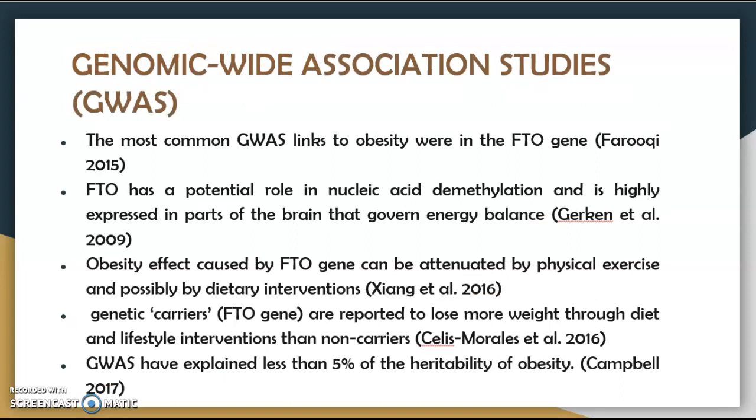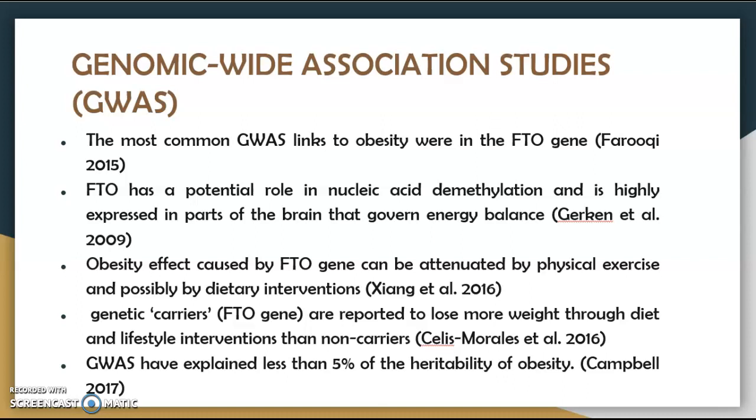The most common GWAS links to obesity were in the FTO gene. FTO has a potential role in nucleic acid demethylation and is highly expressed in parts of the brain that govern energy balance. It was found that the obesity effect caused by the FTO gene can be attenuated by physical exercise and possibly by dietary interventions.